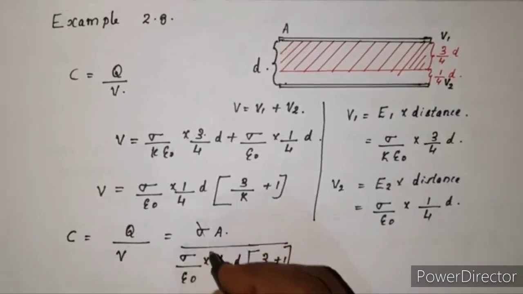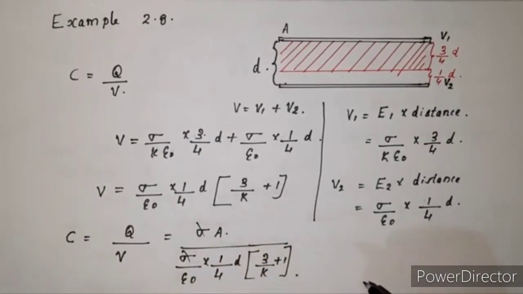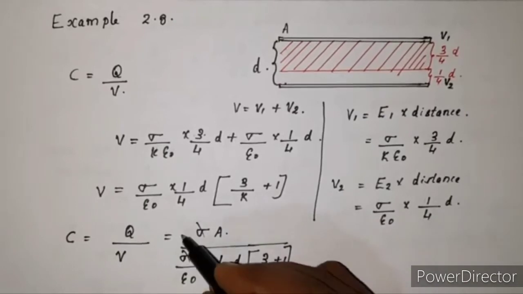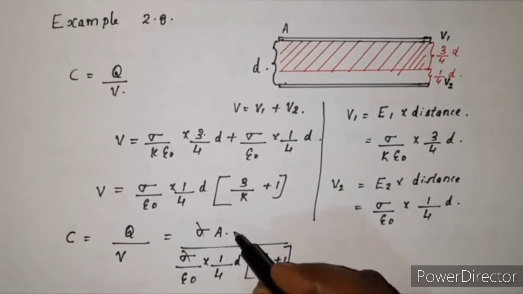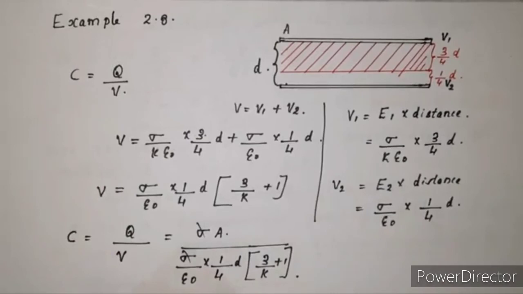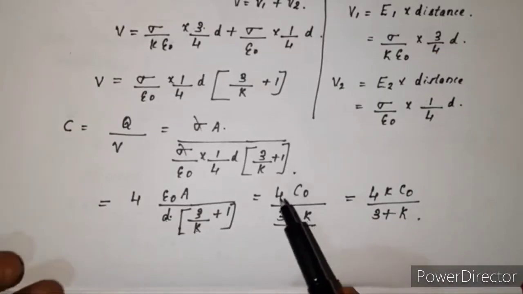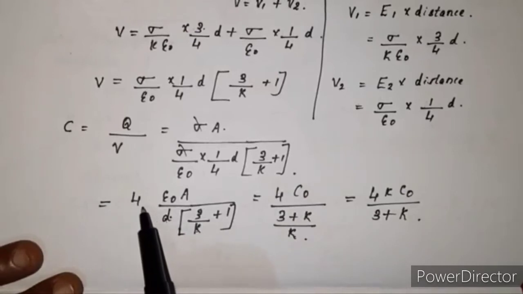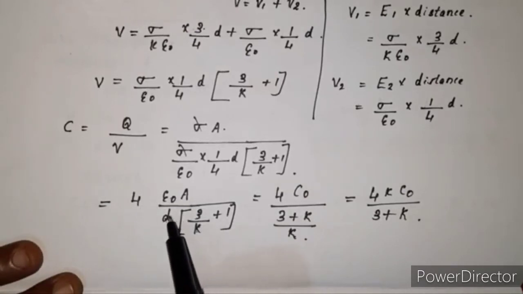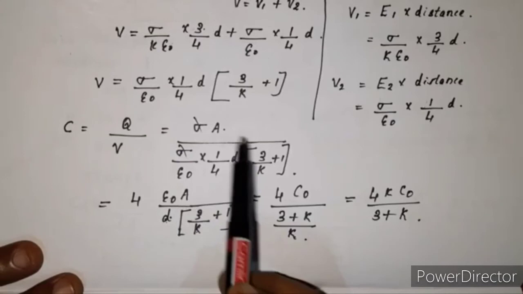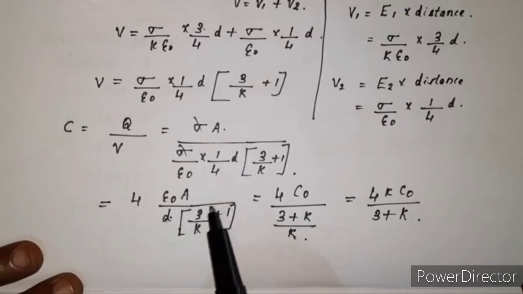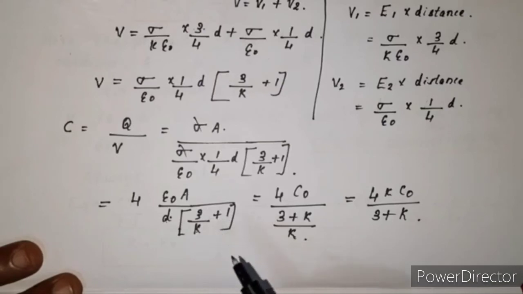Now sigma and sigma get cancelled, the 4 goes to the numerator, and epsilon 0 also goes to the numerator. So we have 4 into epsilon 0 A by D, divided by 3 by K plus 1 in the denominator.